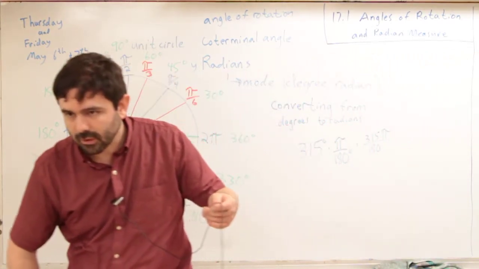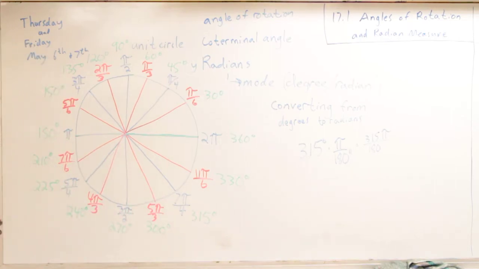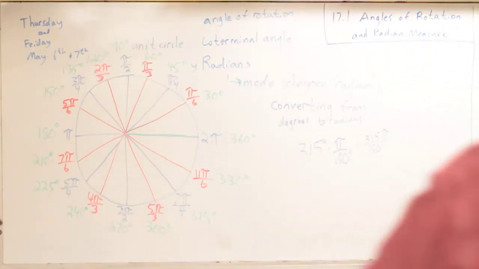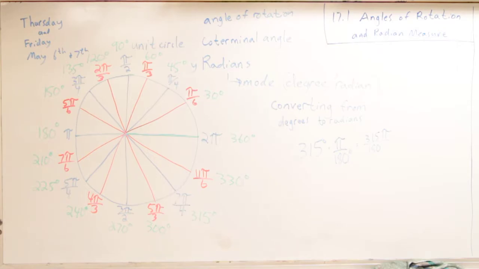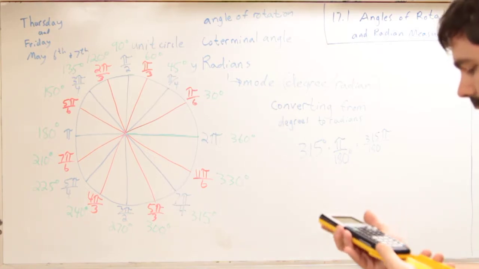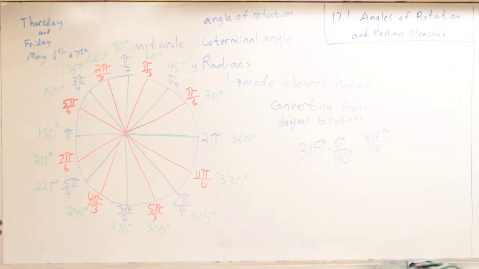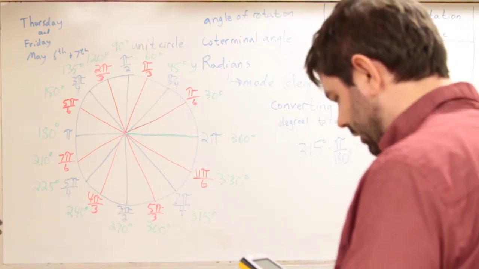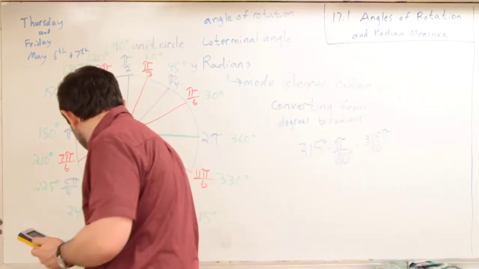Let me grab a calculator. 315 divided by 5 is 63.